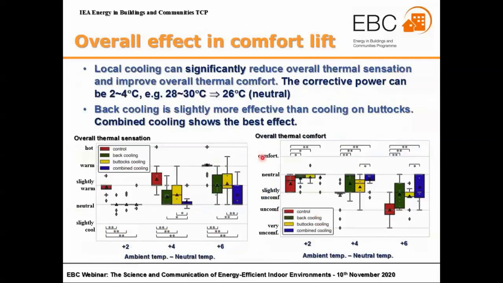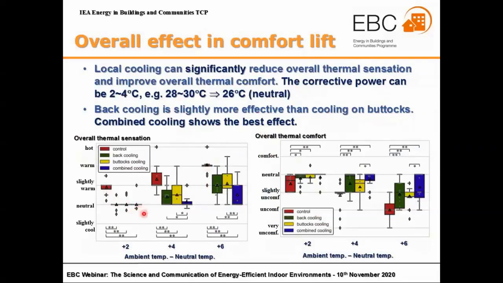And the local cooling can significantly reduce the overall thermal sensation and improve the overall thermal comfort. This compares the control group, back cooling, and the post cooling, combined cooling. You see they can feel neutral.